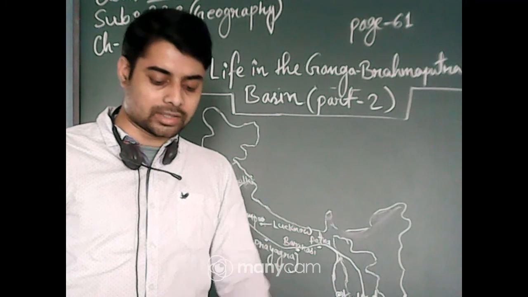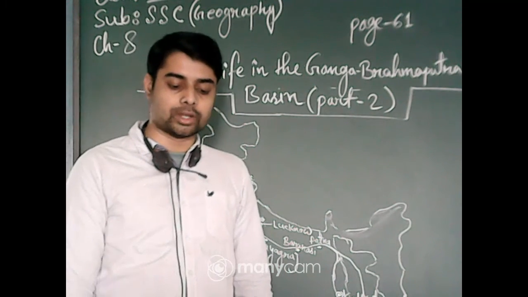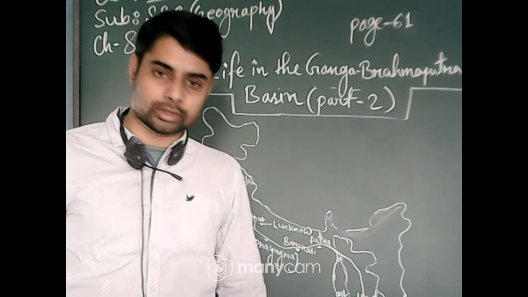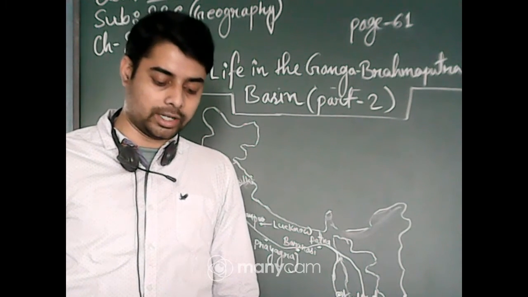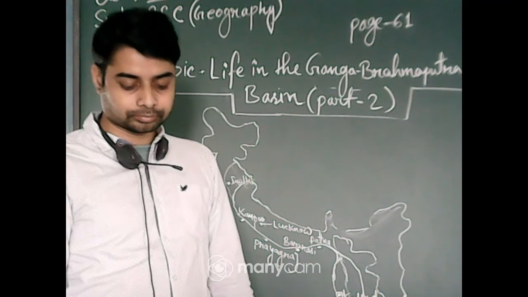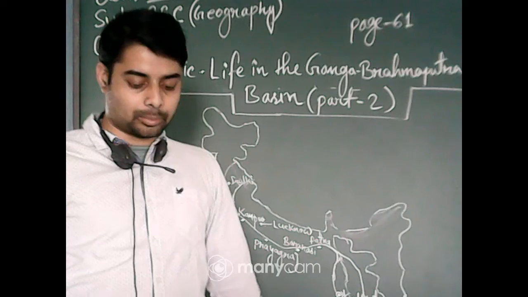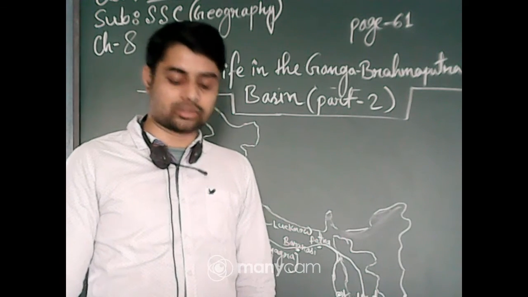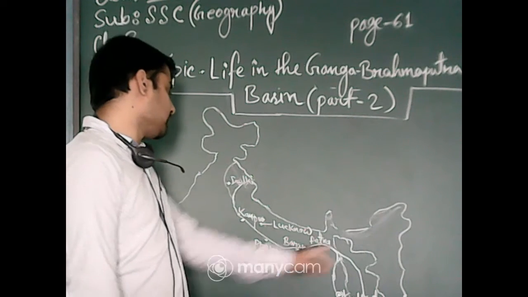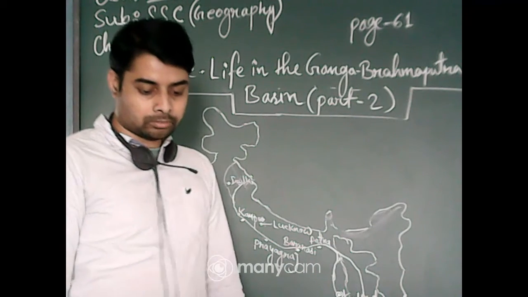Waterways are an effective means of transport, particularly along the rivers. Kolkata is an important port on the bank of river Hooghly, which is a distributary of river Ganga. You can see it in the map. And the plain area also has a large number of airports, in the different cities I have already mentioned.